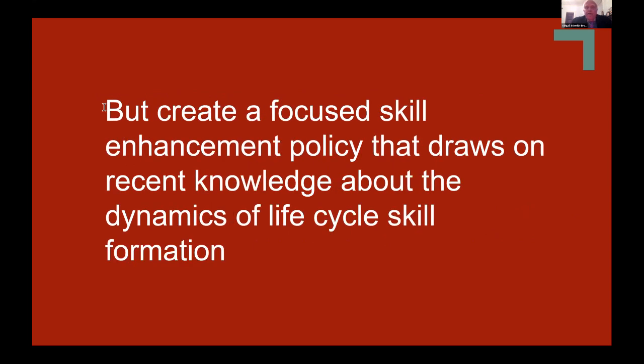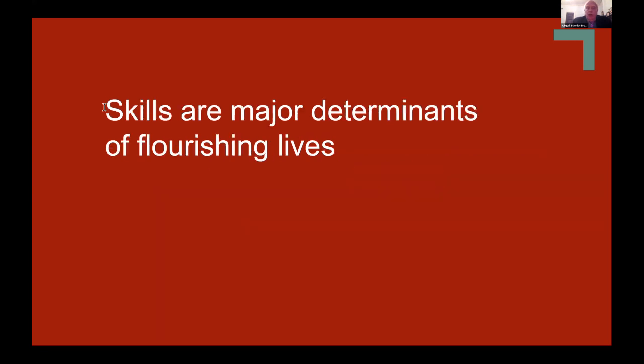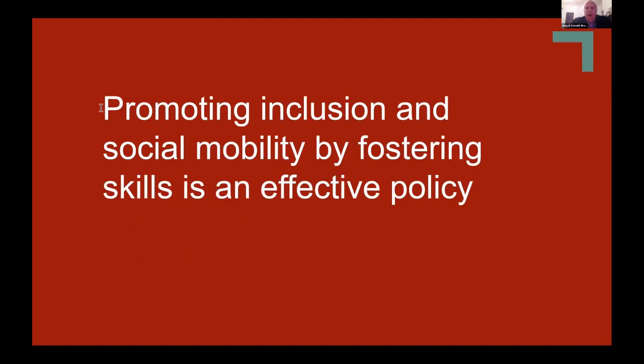But we should create a skill enhancement policy that draws on recent knowledge about the dynamics of the skill formation process. And we should recognize something that people don't recognize in public policy discussions enough. Skills are major determinants of flourishing lives.